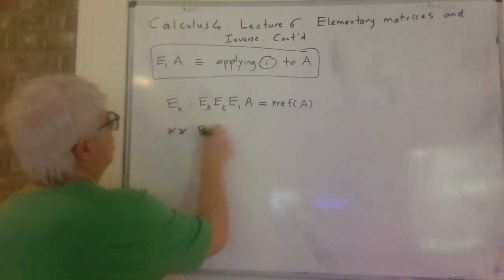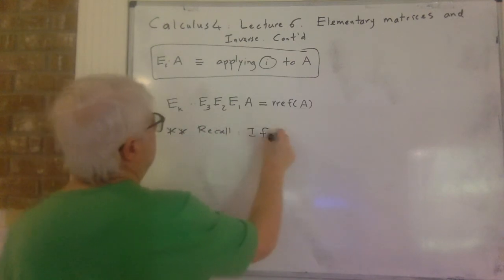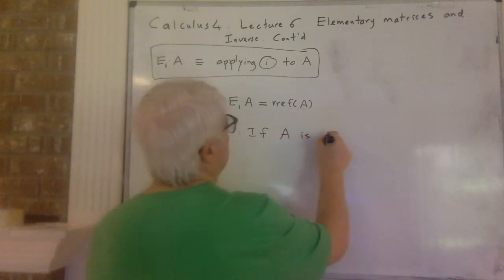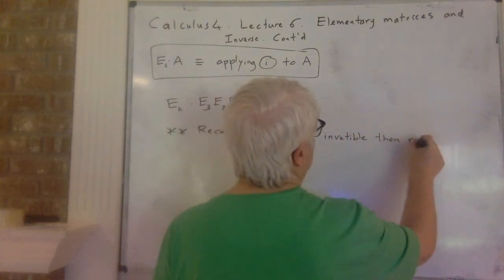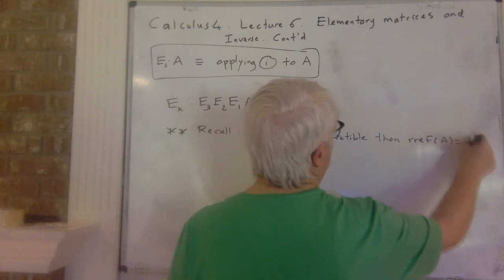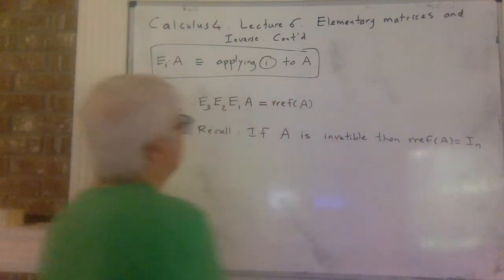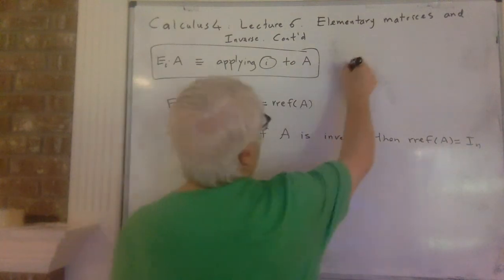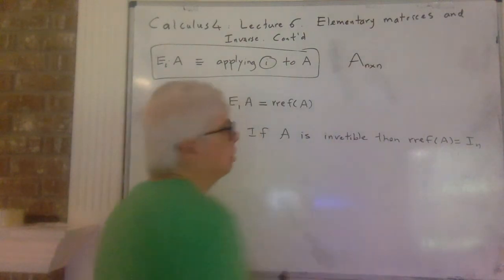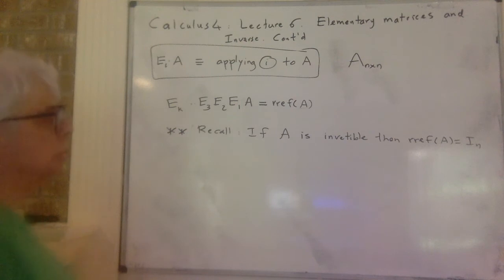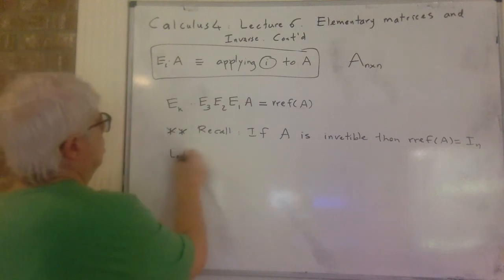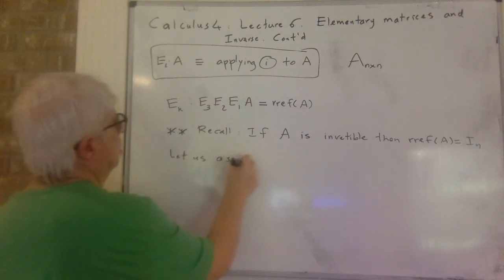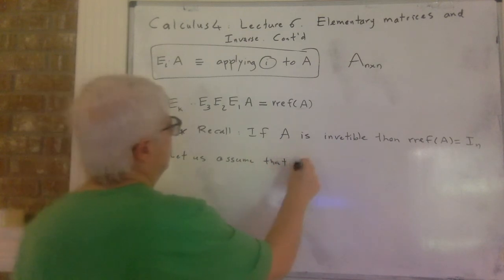Recall, if A is invertible, then RREF of A equals IN. And I'm assuming that A is n by n. Remember, we started with n by n when we are trying to find inverse. So let us assume that A is invertible.